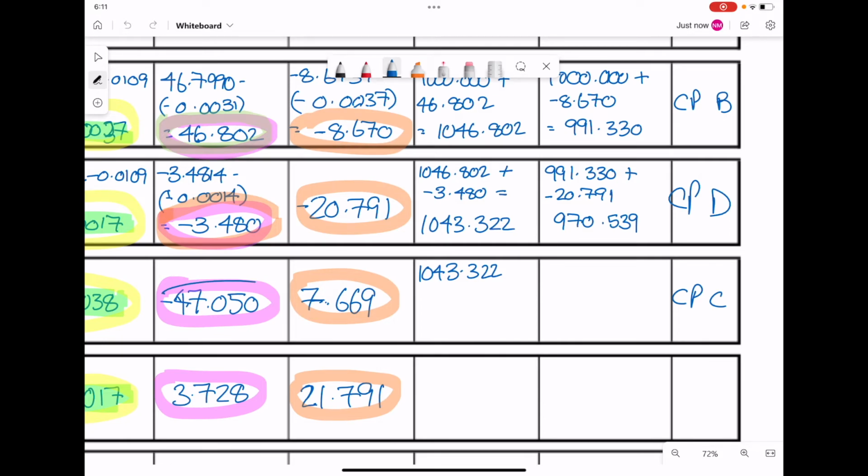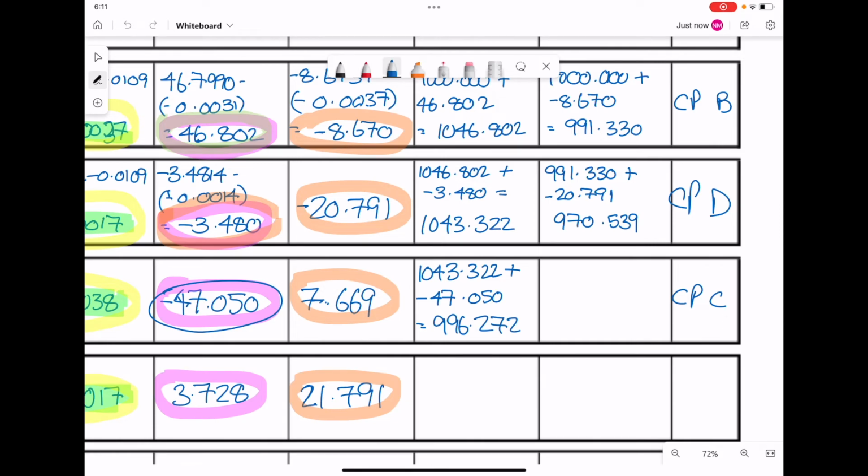In this case, it's the minus 47.050 to give us a coordinate value of 996.272.